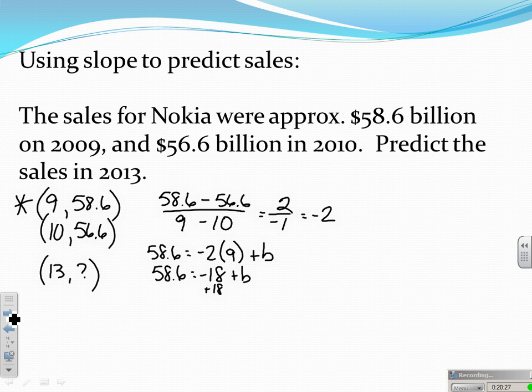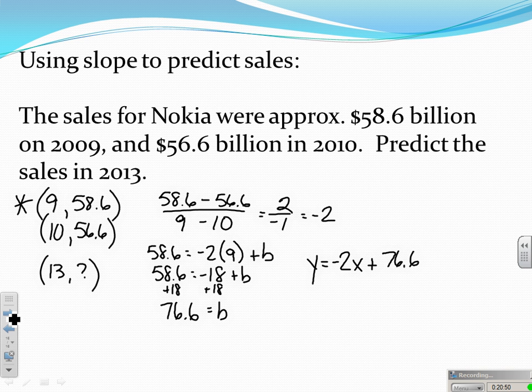Add 18 to both sides, and I'm looking at 76.6 is equal to b. So now my linear equation is as given.